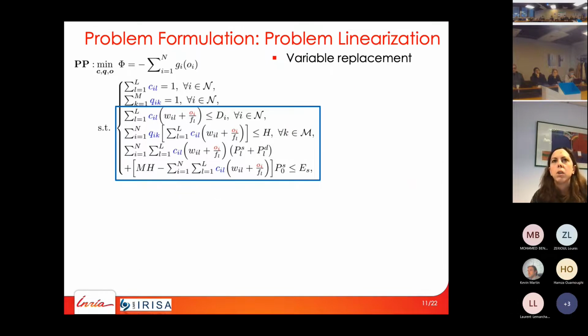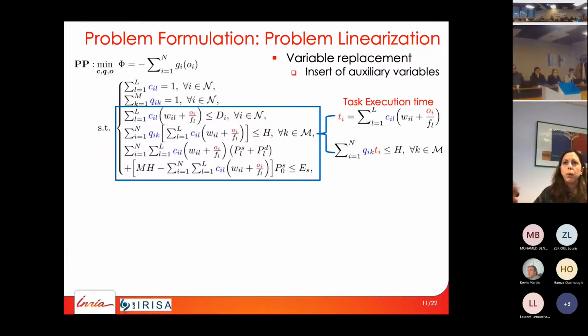So a bit about the linearization. I will not explain all the maths, just to give you the basic idea. Focused on the variable replacement. So what it says is that we are inserting a set of auxiliary variables to the problem formulation. For instance, here I just have highlighted one. This is an intermediate continuous variable for the task execution time.